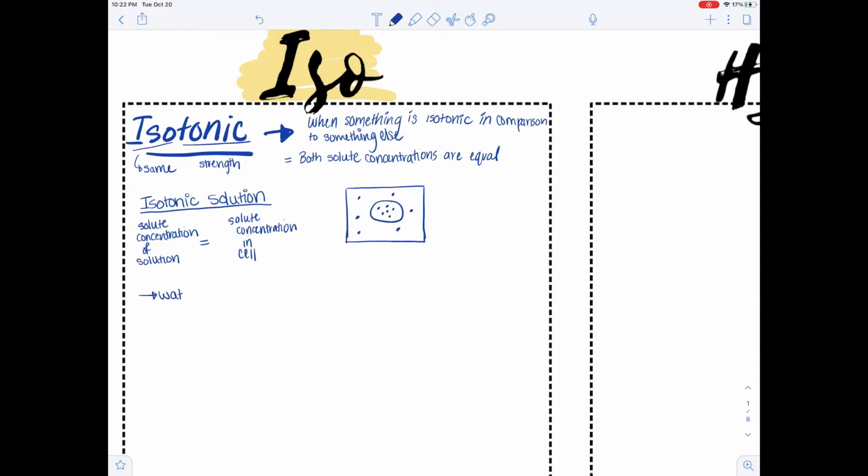Now this will mean that water is going to consistently diffuse in and out at an equal rate. Because it's moving in and out at an equal rate, there will be no net change in the size of the cell.